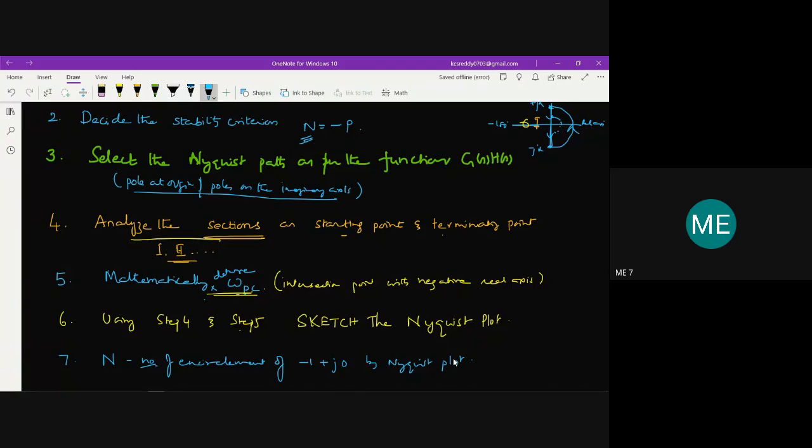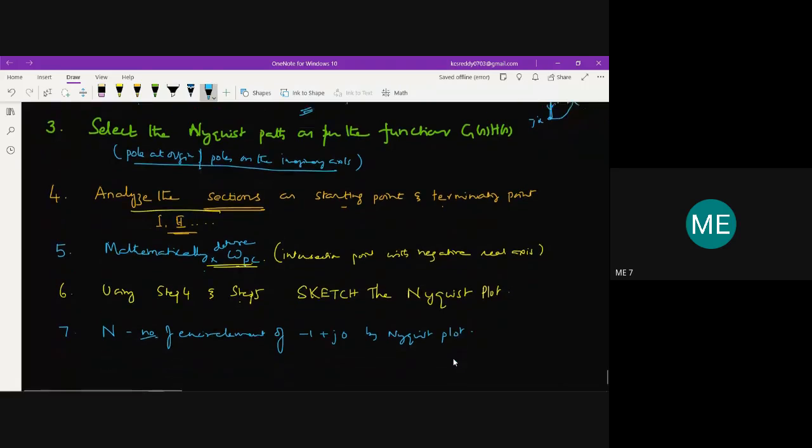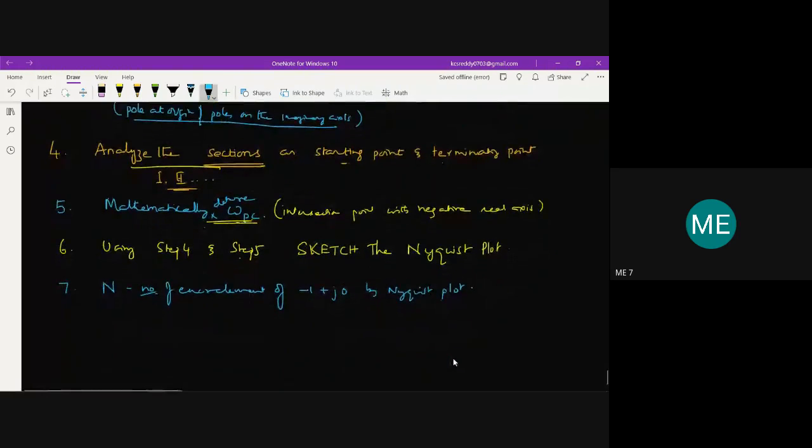Suppose it matches with N equal to minus P. If N is equal to minus P, the system is stable. Otherwise, the system is unstable. So these are the steps which we have to follow.